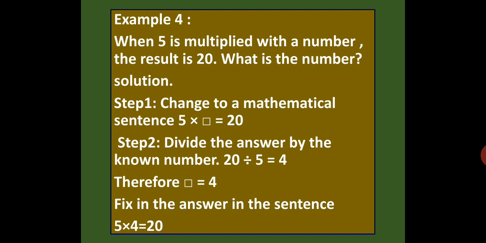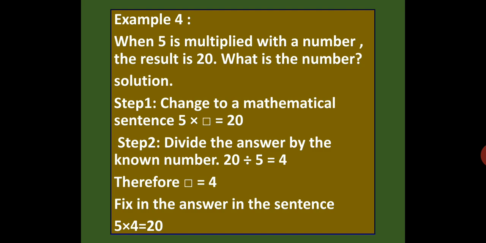Now, remember, this is multiplication. You are not going to add and you're not going to subtract. So what are you going to do? You're going to divide. So that's why we have step 2 as divide the answer by the known number.